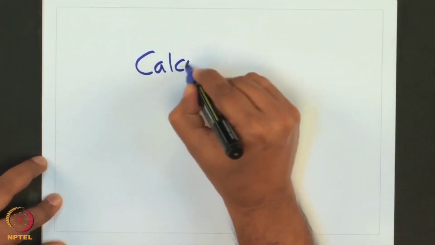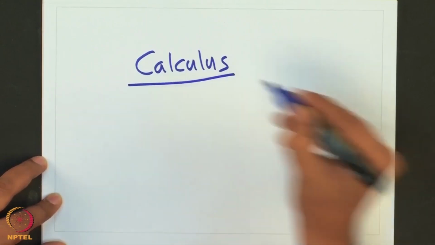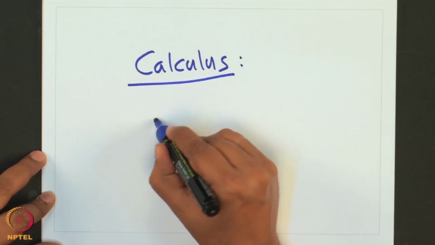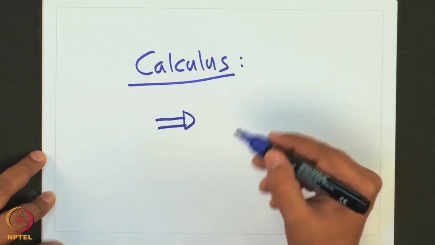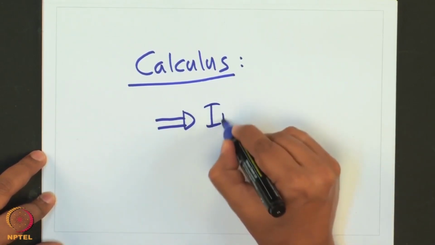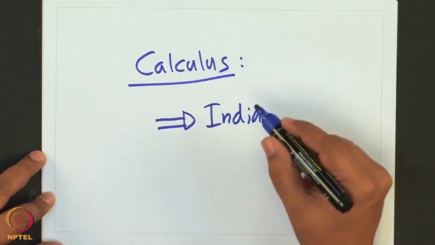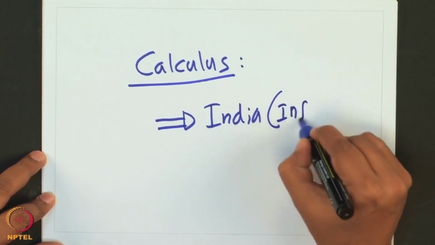But something which, apart from the knowledge of numbers, in recent times revolutionized our understanding is this thing called calculus. This has some early knowledge in India, some introductory form of calculus in infinite series.